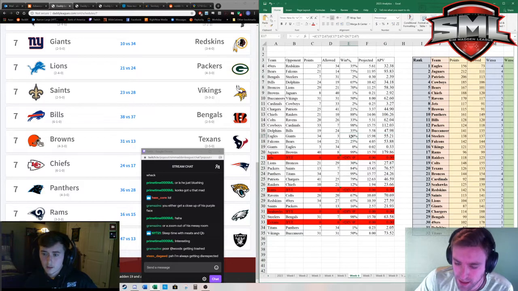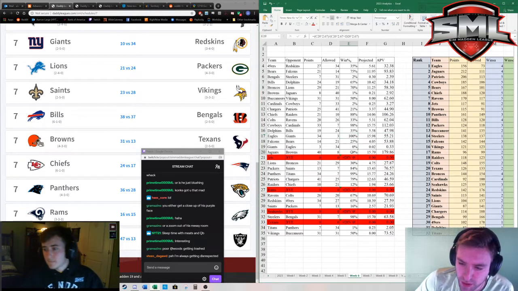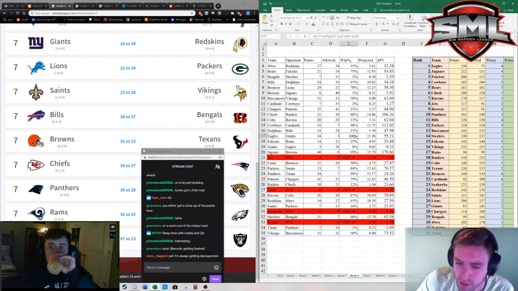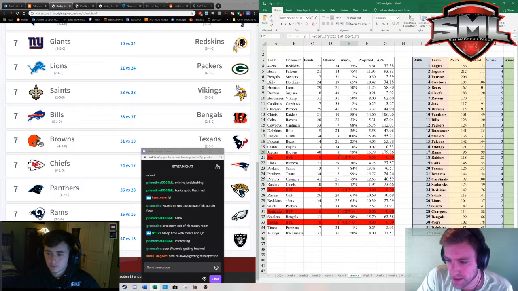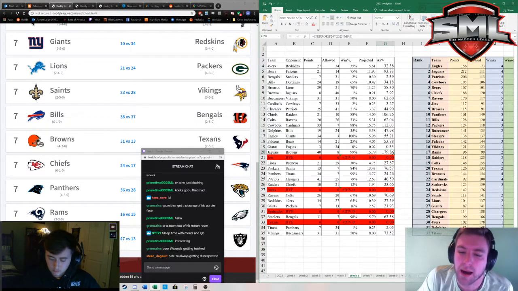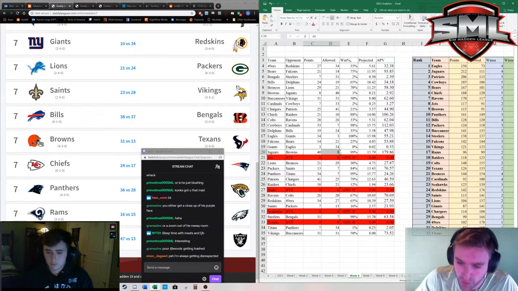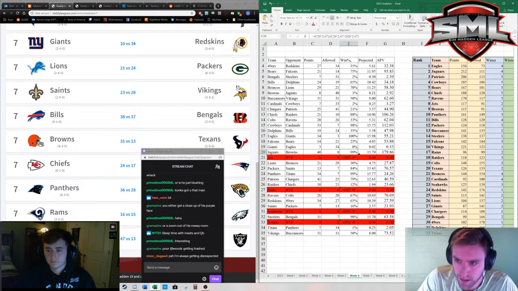So you can see here the win percentage. If Eagles plays like that the rest of the season, he's going to go undefeated. If Jaguars plays like that the rest of the season, he's doing really well, but maybe not undefeated. However, the Jaguars' performance was obviously more impressive because Woods is a great player, and he still beat him 40-8.